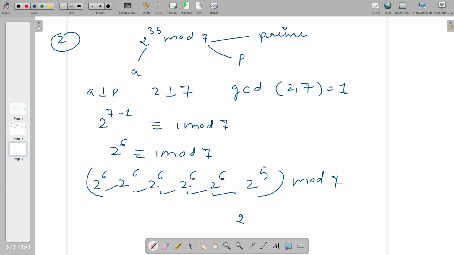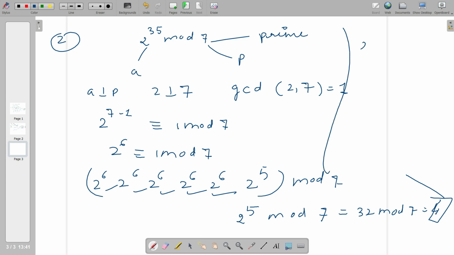So it will be 2 to the power 5 mod 7, which is 32 mod 7, and that comes out to be 4. So our answer is 4. It reduces a lot of calculation and gives us remainders for large powers.